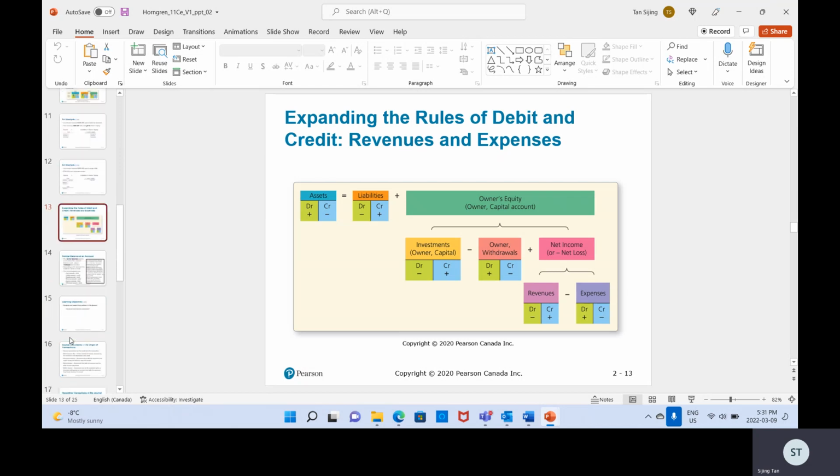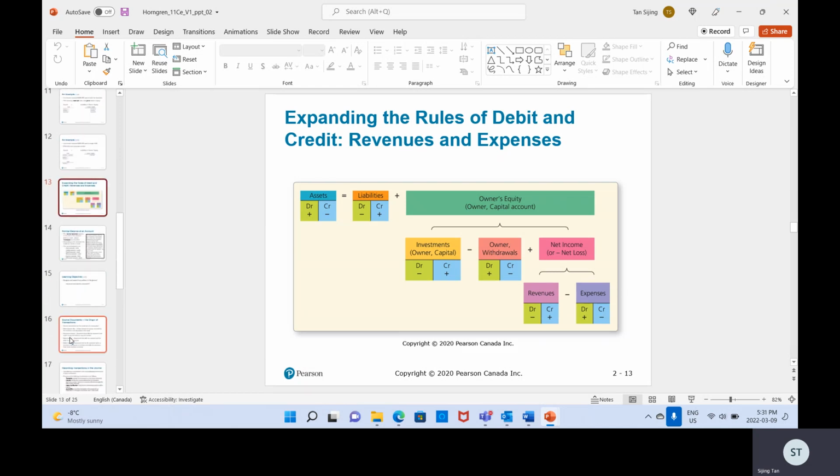There you go. This is the form that you want to memorize. For assets, debit increases and credit decreases. Under liability, increases go on the credit side and decreases go on the debit side. Owner's equity, investment increases go on the credit side, decreases on the debit side.